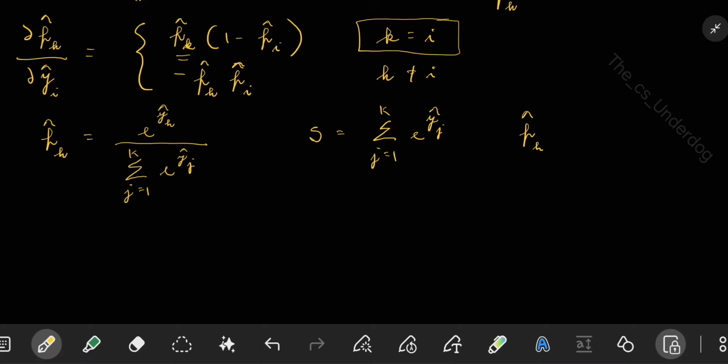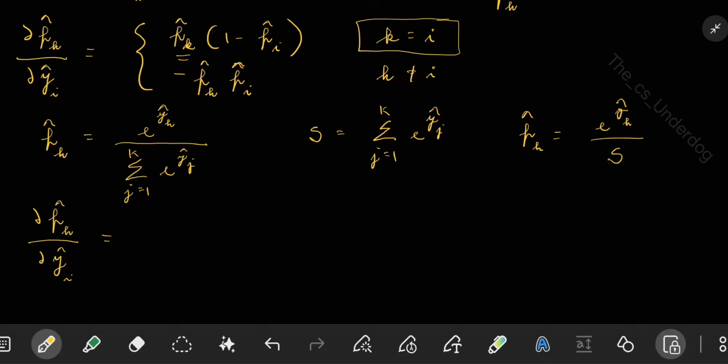My new pk cap will become e power yk cap divided by S. So this will be my new pk cap. Now my derivative problem gets simplified to, let us write it again, del pk cap divided by del yi cap.